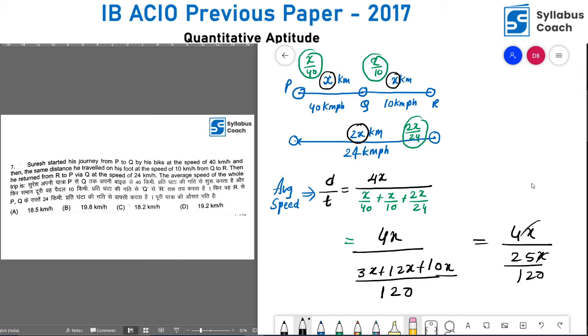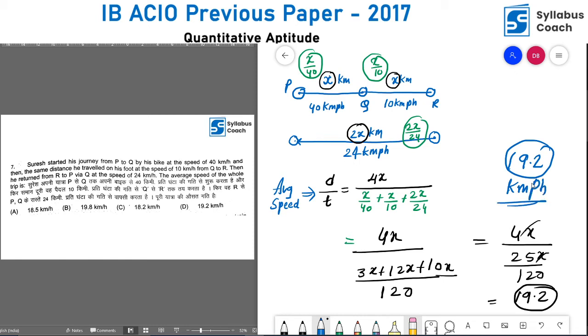If I calculate this, I get 19.2. So to answer this question, how much, students? 19.2 kilometers per hour.